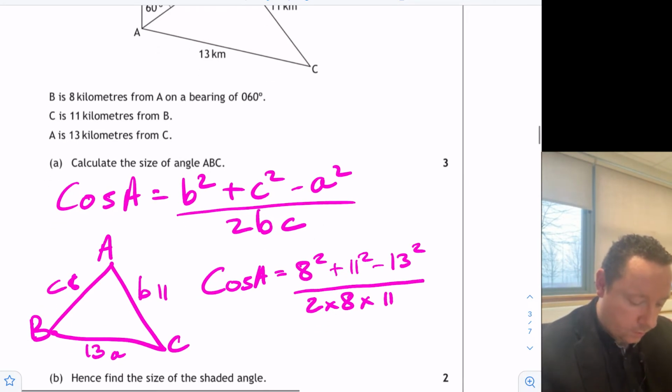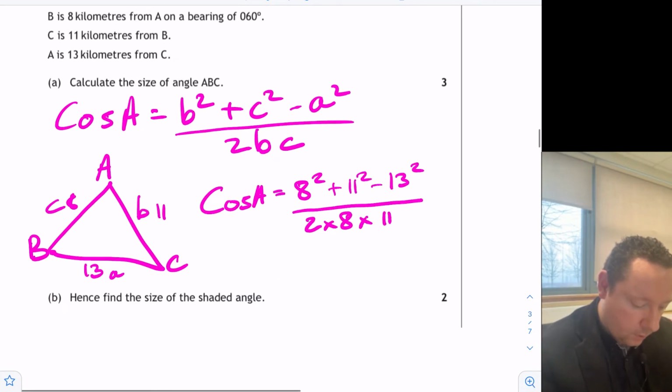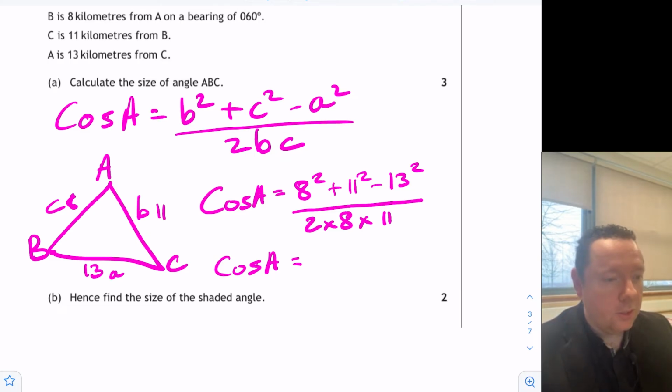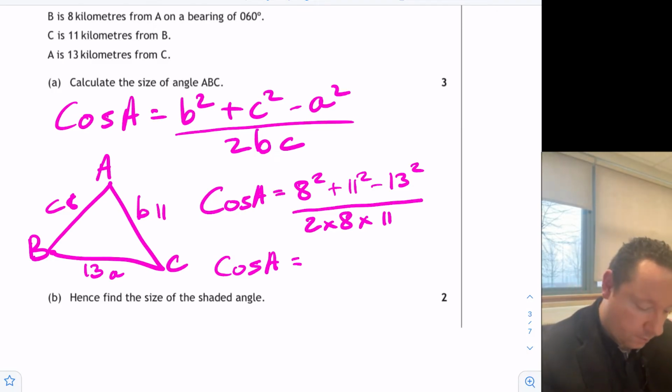So cos A would equal, using a calculator, you would do 8 squared plus 11 squared minus 13 squared, get an answer, then divide by 2 times 8 times 11, making sure you're using brackets, and you would get 0.09, with a bunch of other numbers.